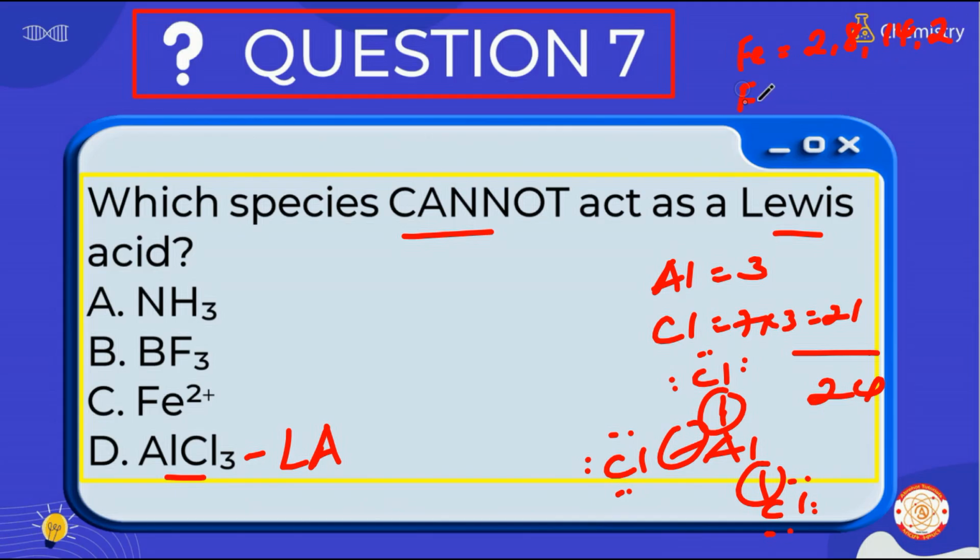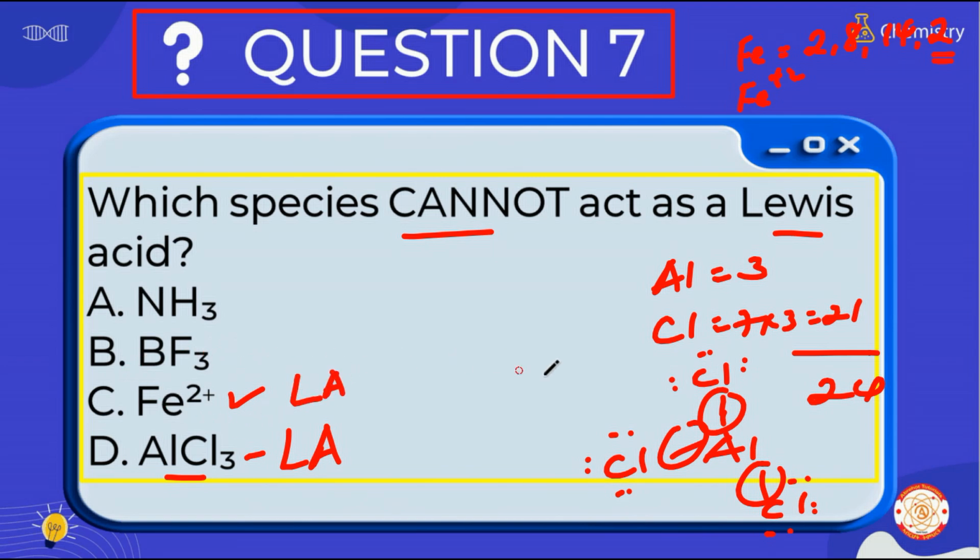So Fe plus 2 means that it has lost the 2 valence electrons in its outermost shell. Therefore, it has a vacant orbital. If it has a vacant orbital, it acts as a Lewis acid.